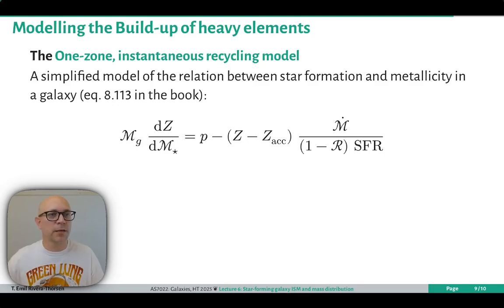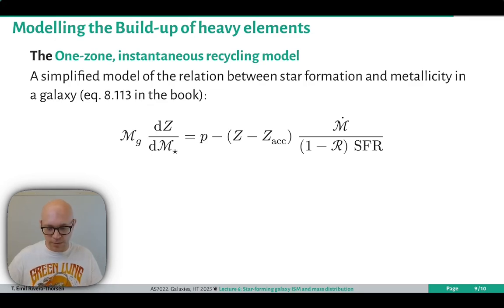And the second assumption is that of instantaneous recycling. What does this mean? It means that once gas has been released from stars, it is immediately ready to form new stars and be processed again, and so on. And at the same time, the processing inside the stars takes zero time.